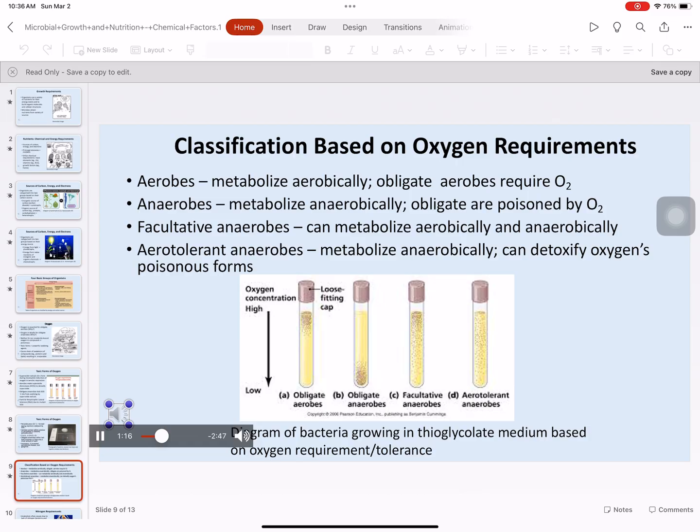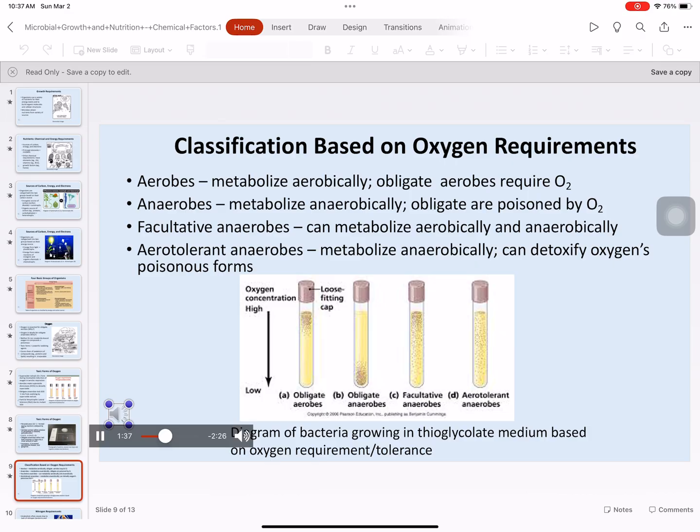So if we look at panel A, then obligate aerobes grow in the top of the tube where there's lots of oxygen, because if they tried to grow farther down where there's low to no oxygen, well, they would die.